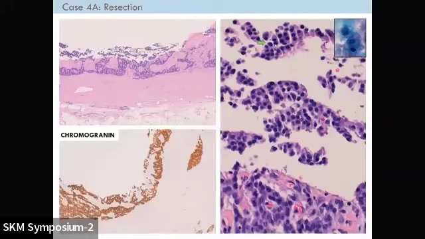They are darker and are undergoing degenerative changes. These are the cells that we saw in the cyst fluid. Again, it was confirmed that this is a neuroendocrine tumor by a very nice and diffuse positivity with chromogranin.